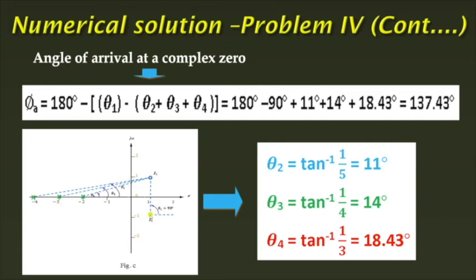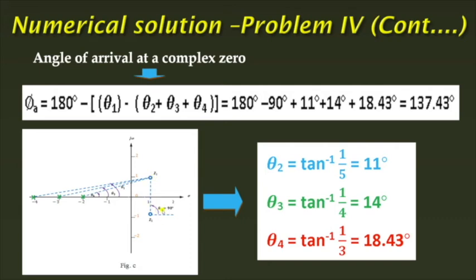There are two complex zeros. We consider only one as the test point. Then all zeros and poles are connected to this test point by straight lines.